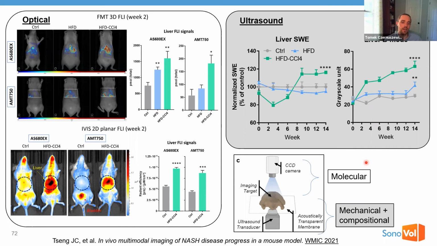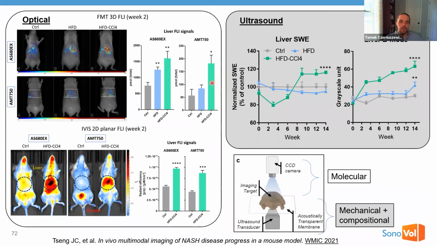And so this was a collaboration that we did with the scientific group at PerkinElmer, the developers of the IVIS, where we imaged mice on a combination high-fat diet and carbon tetrachloride, with fluorescent markers for inflammation, as well as shear wave and echogenicity.